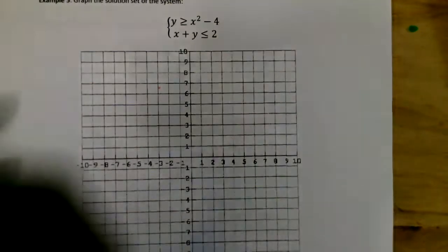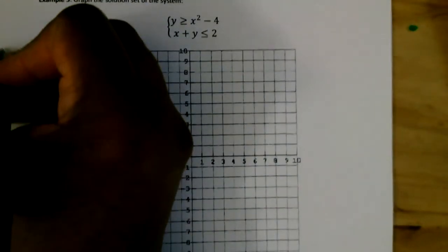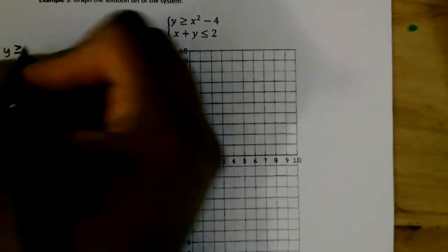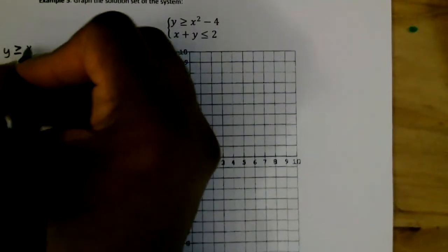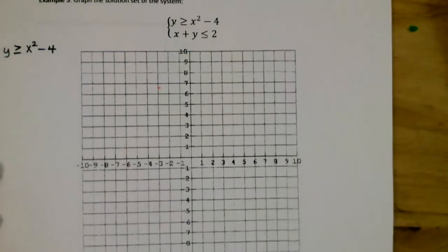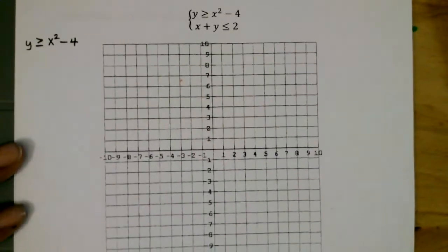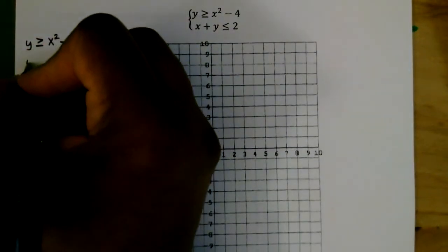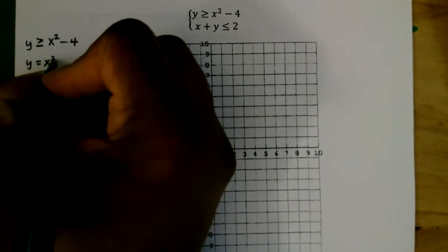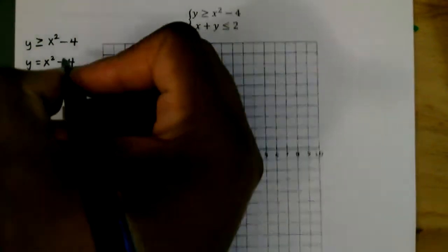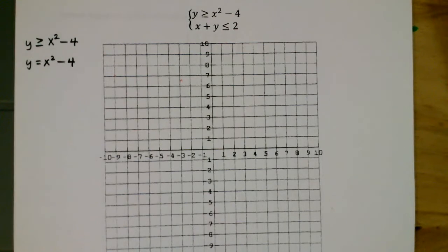So now let's look at y is greater than or equal to x squared minus 4. And I'm going to graph this as if I was graphing the equation y is equal to x squared minus 4. And since I got x squared in it, I do have a quadratic equation.